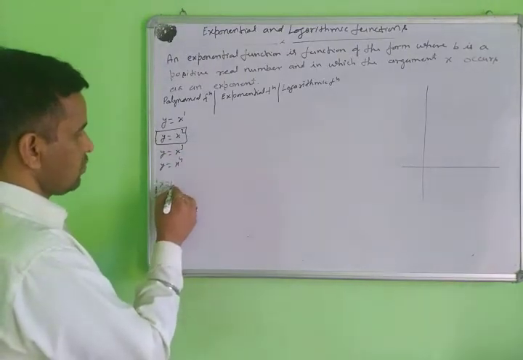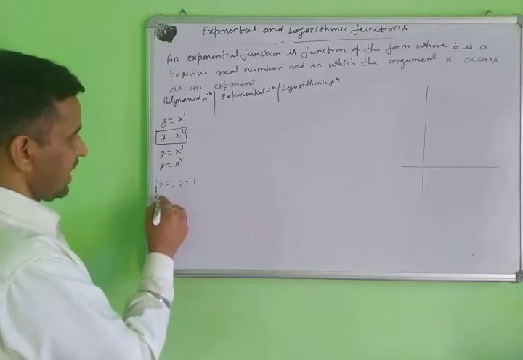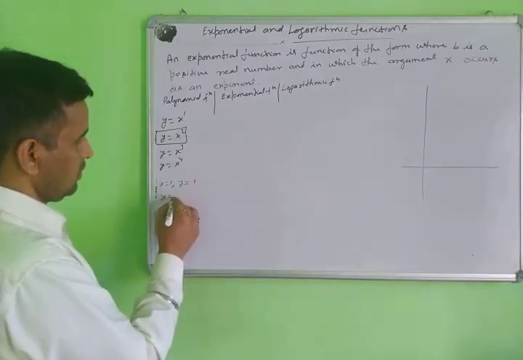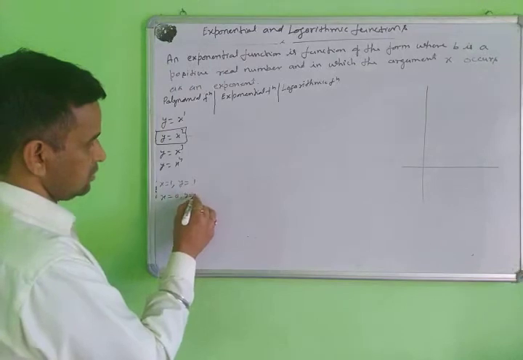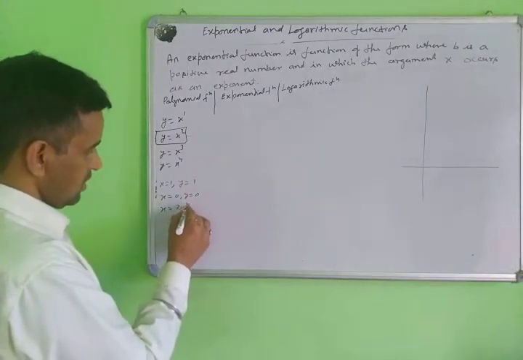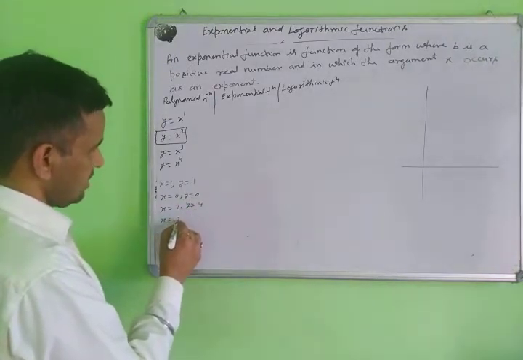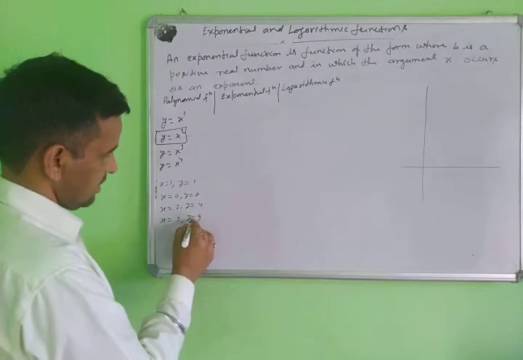Suppose x equal to 1, then y is also 1; x equal to 0, then y is also 0; x equal to 2, then y equals 4; x equal to 3, then y is equal to 9.